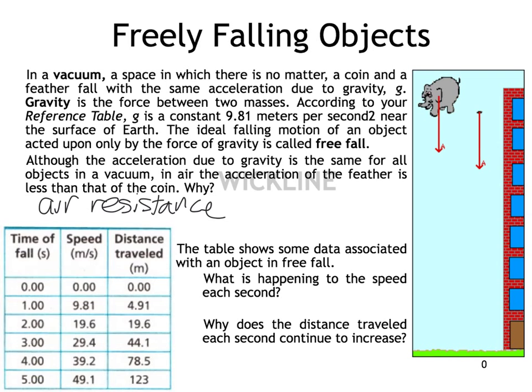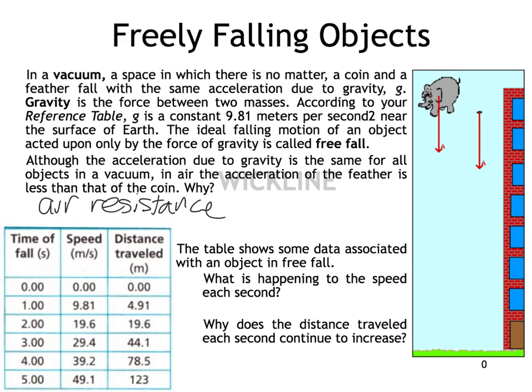The reason for that actually lies in the definition of acceleration. Acceleration is called the time rate of change of speed, meaning it's the rate at which speed changes. And if acceleration is constant at 9.81 meters per second squared, then what that really means is that every second you're increasing by 9.81 meters per second.